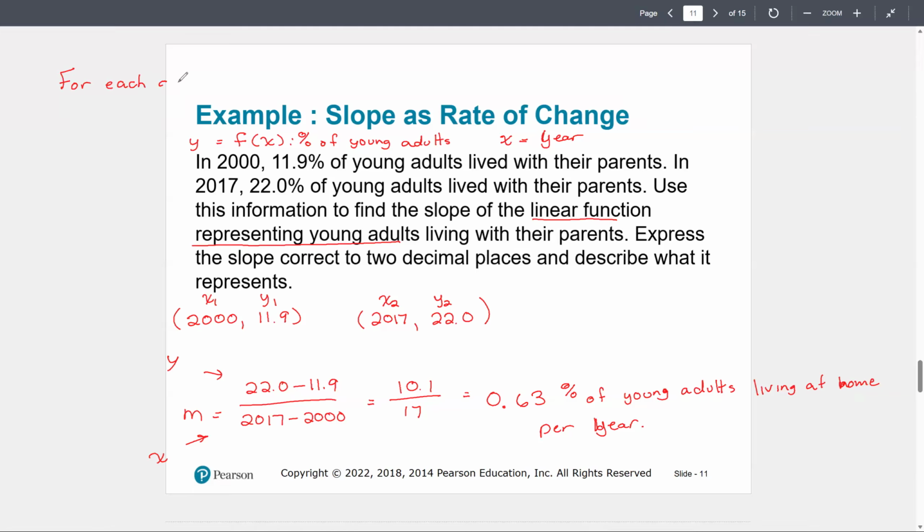So for each additional year, the percentage of young adults living at home increases by 0.63%.